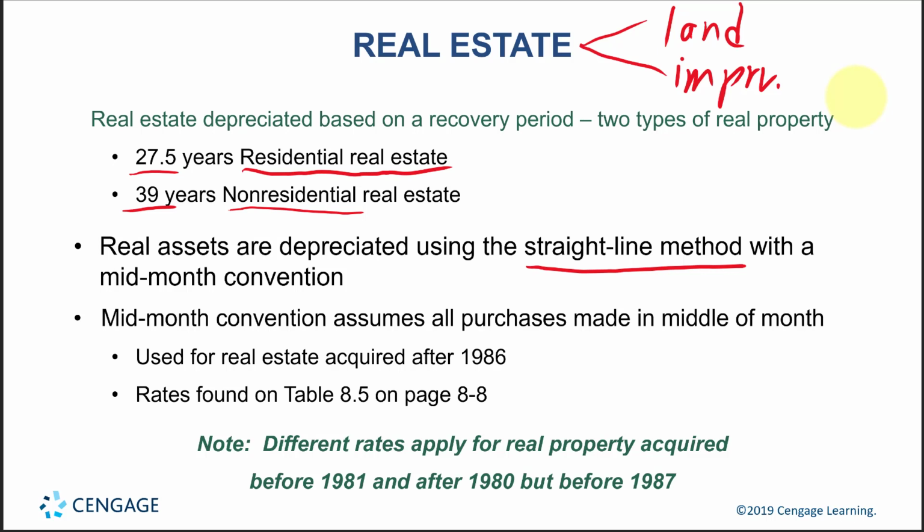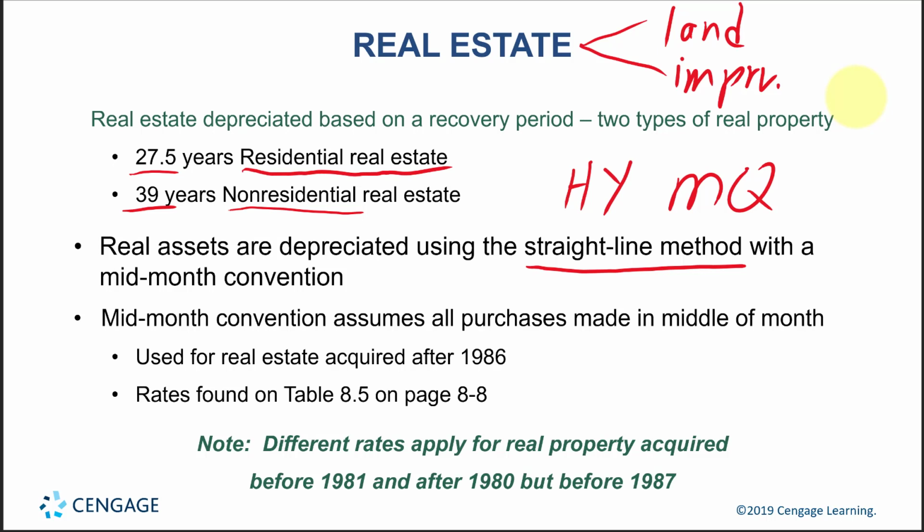Now, if you remember from the last part 1 video, personal business property had to use what we call a convention, either half year or mid-quarter convention. Convention is just a special calculation in the first and last year of its depreciable life.